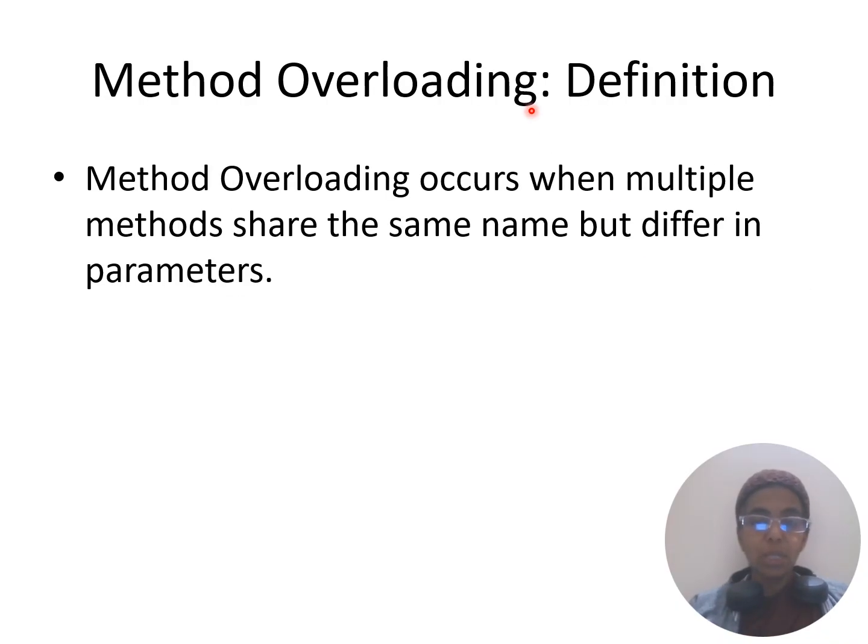So what is method overloading? Method overloading occurs when multiple methods share the same name but differ in the parameters. Maybe the return type is different, or the number of parameters which we pass can be different. We call that method overloading, but all are methods with the same name. Keep it in mind.